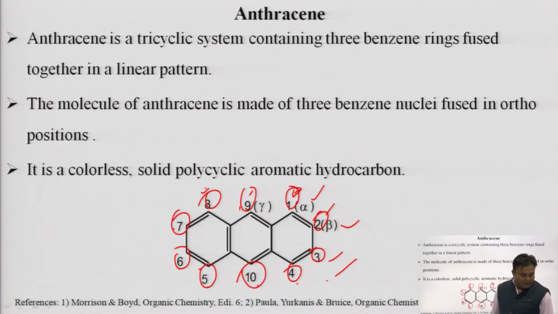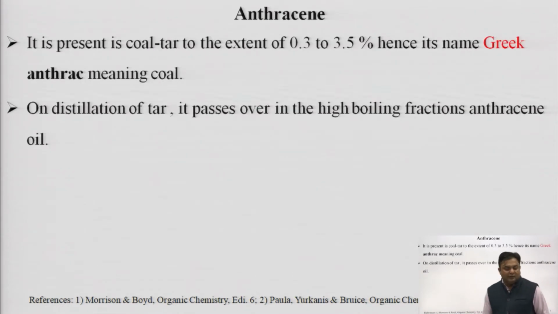Okay, now when we are talking about the isolation of anthracene, like phenanthrene, it is also isolated from the green oil fraction of coal tar. It is named anthracene because anthrax is actually a Greek word meaning coal. It is present in coal tar to the extent of 0.3 to 3.5% in the green oil fraction.